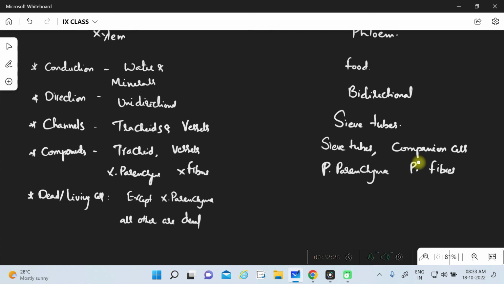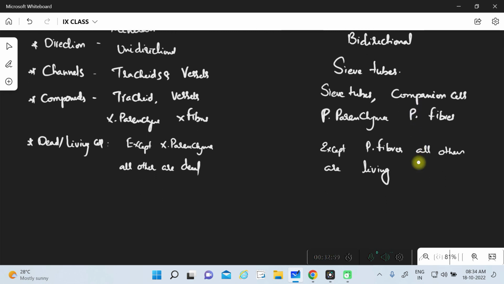Now in the case of phloem, except phloem fibers, all others are living. So next property, mechanical strength.